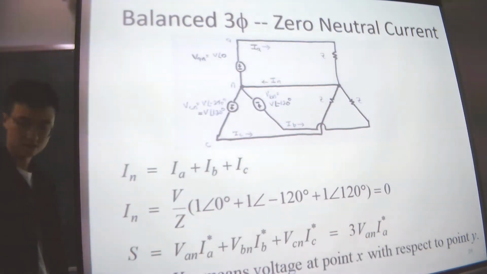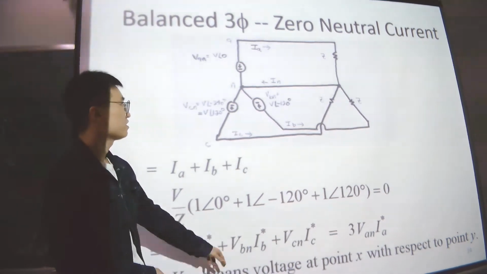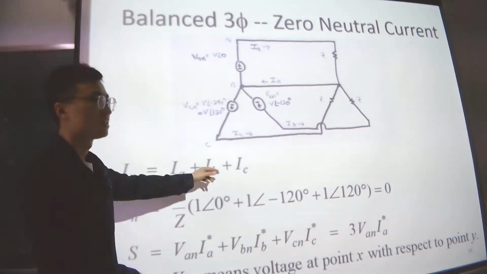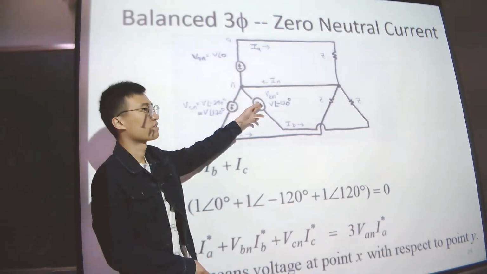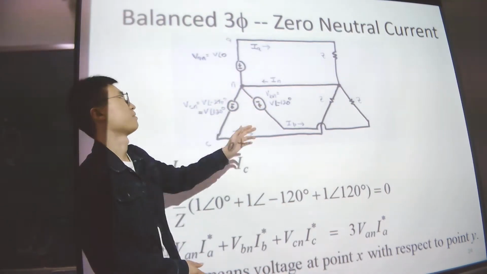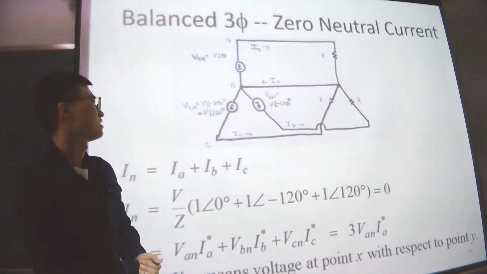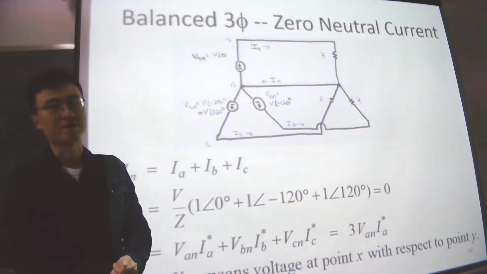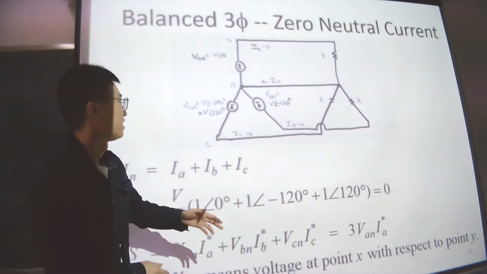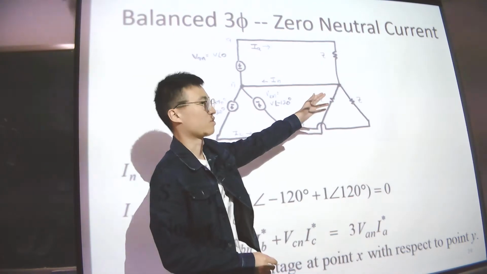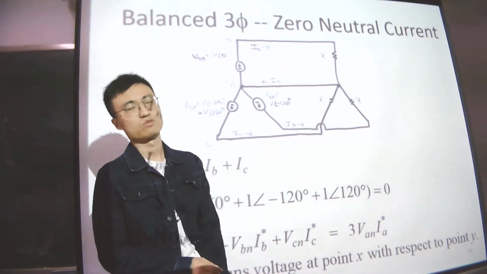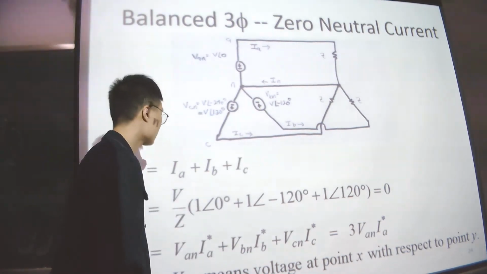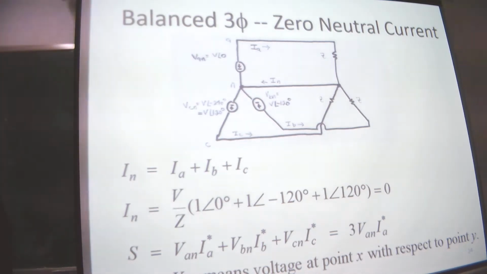And here is the Y connection, right? Three sources. Generally it will be voltage sources, but they can also be current sources. And three impedances, or we call them three loads.